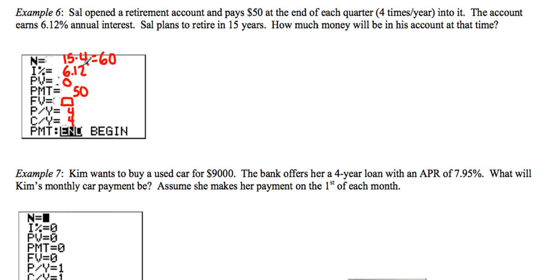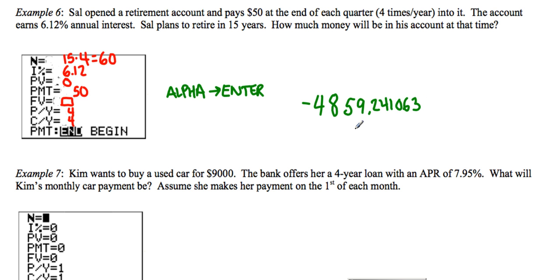After you've filled in all of these variables, cursor down to FV, and then press alpha, enter, and it should fill in a value for that future value. In this case, it should give you a negative 4859.241063.